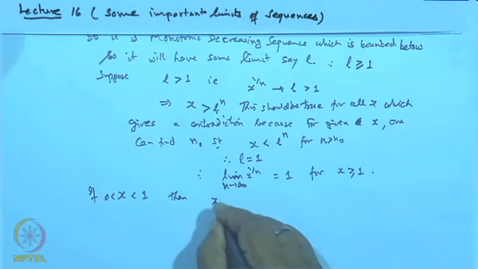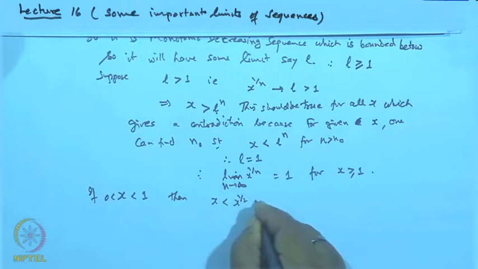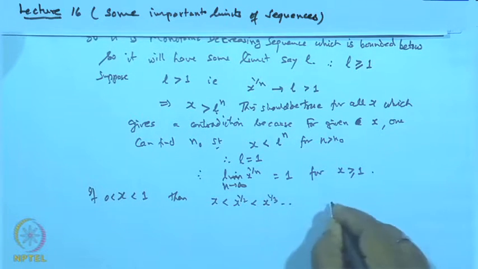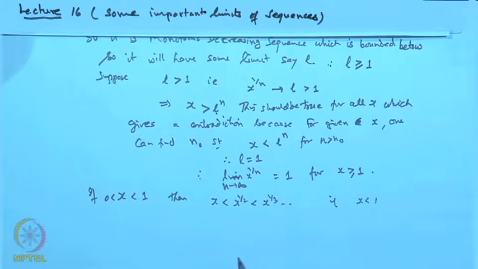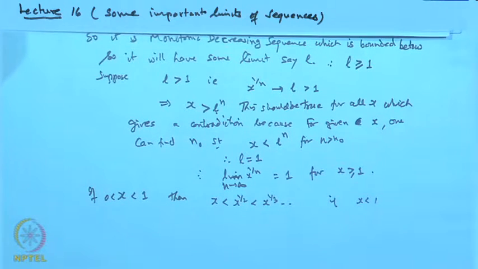So, x is less than x raised to the power half, less than x to the power one third, and so on, if x is less than 1. It is an increasing function of this.